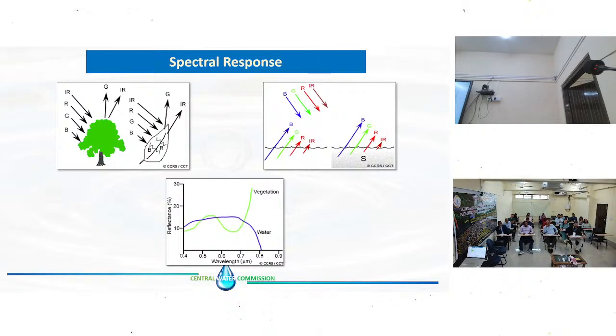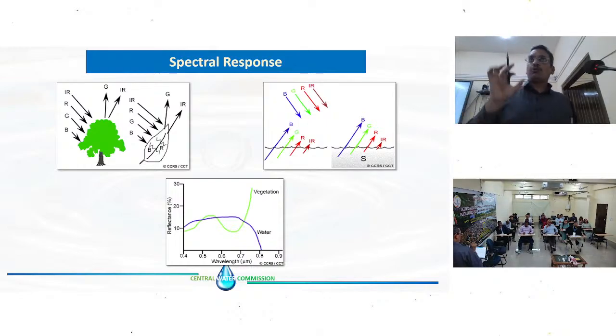Similarly, for water, this is percentage reflectance, you can see 10-20% only. After infrared, it comes to zero. Water will not reflect, it will absorb all radiation in infrared. So water bodies appear very dark in infrared imagery, whereas vegetation will appear very bright or white.